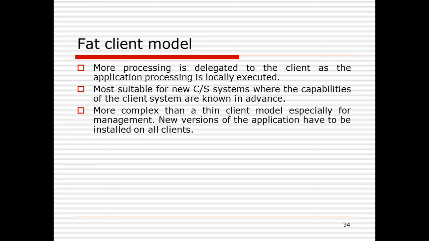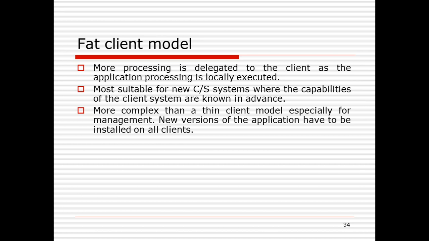In the fat client model, more processing is delegated to the client side, as application processing is locally executed. Most of the new client server systems use the fat client model, which is implemented where we know in advance the capabilities of the clients.